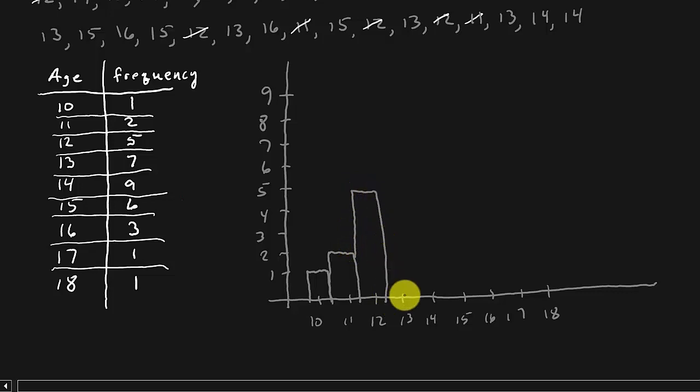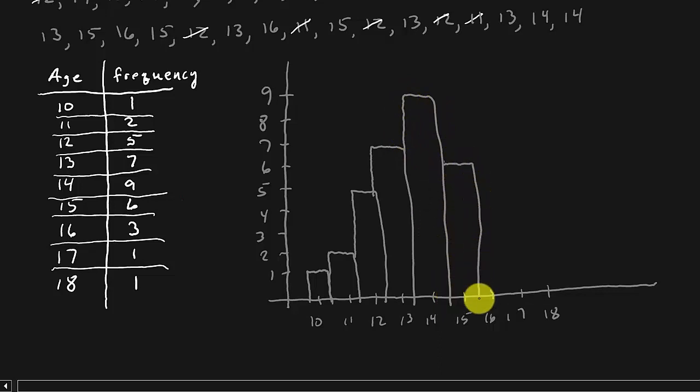The 13 would go up to 7. The 14 would go up to 9. The 15 is at 6, so that's about right in there. 16 is 3, so that's back down here. 17 is 1, and 18 is 1. And so that's what the histogram would look like.